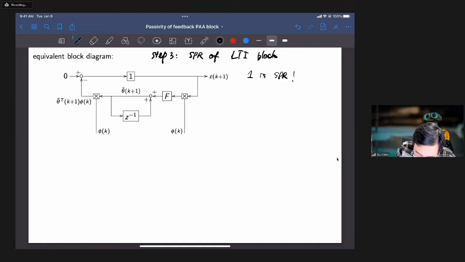So from the first three steps, from step 1 to 3, we have essentially concluded that the PAA is asymptotically hyperstable.